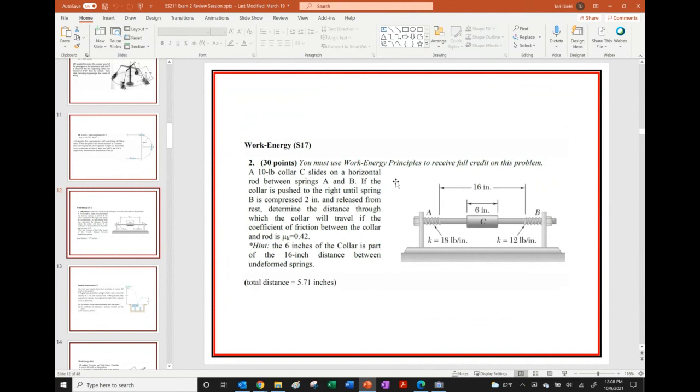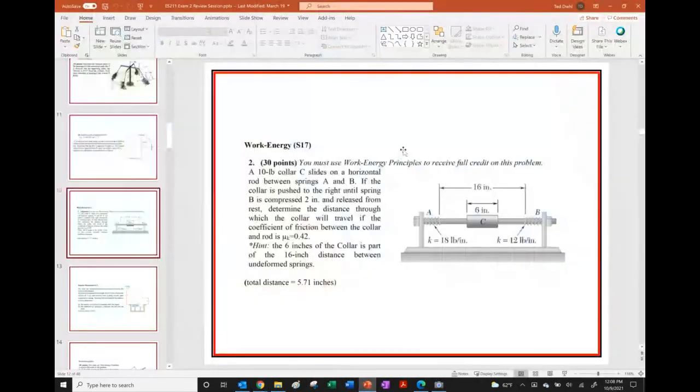Okay, so we have a work and energy problem. Great. Let me write out the problem. I'll move it over to my other screen so I can see what it looks like here. There you go. All right.